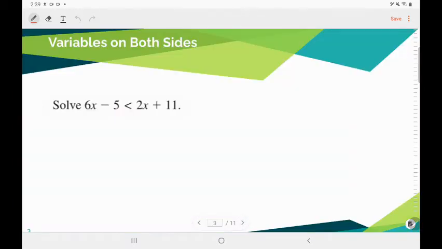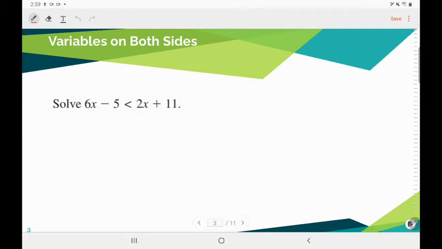All right, next problem. If you have variables on both sides, again, solve it the same as you would an equation. The only thing is if you divide by a negative, flip that sign.